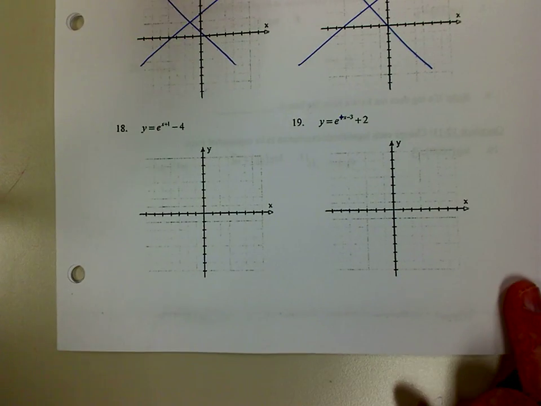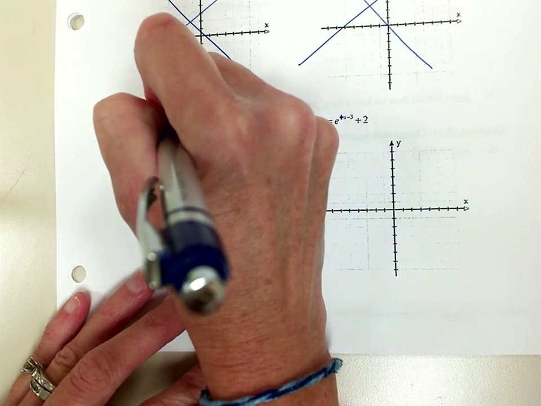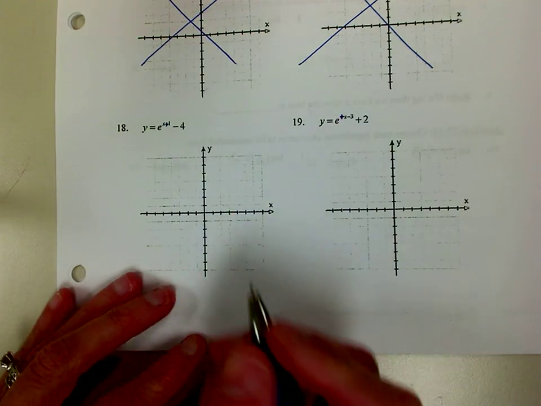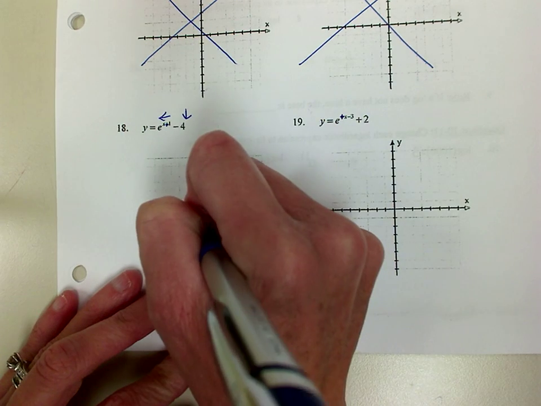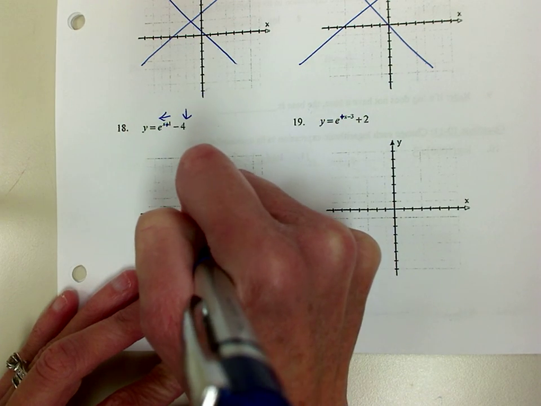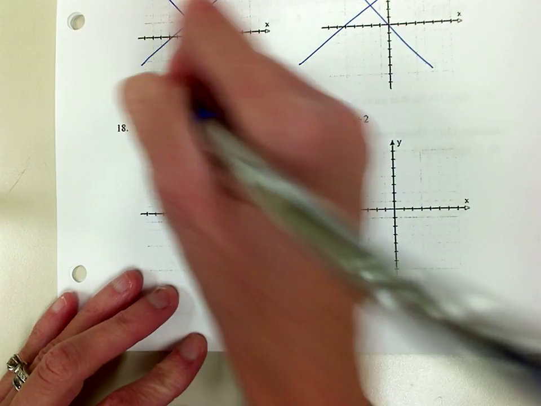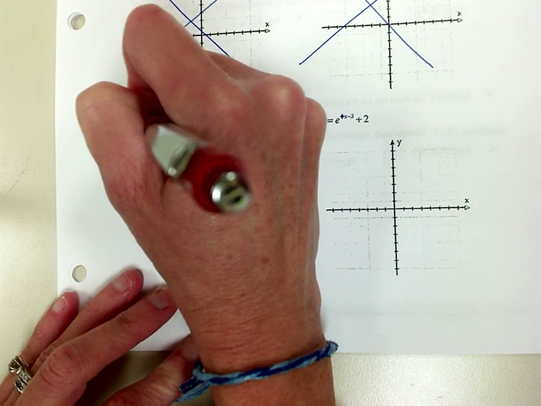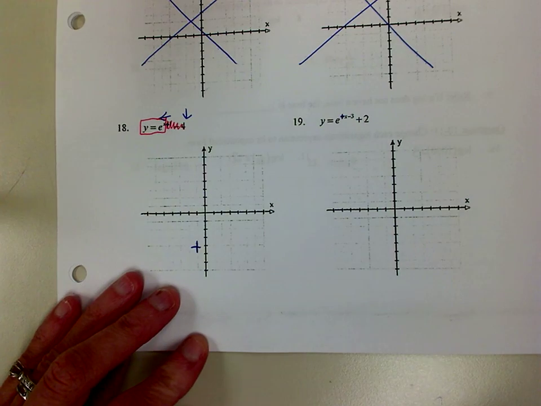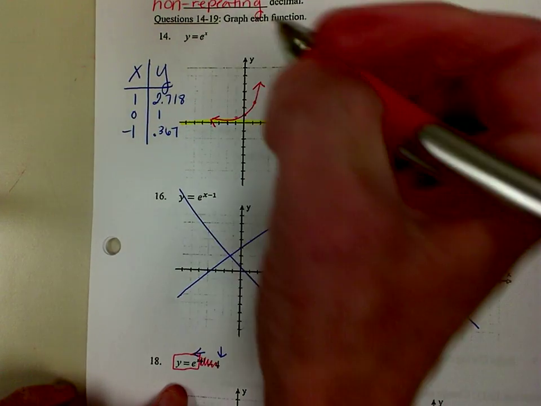Okay, 18. So it looks like on this one I have to move my origin first. So I'm going to go, that's a +1. So I'm going to do the opposite. I'm going to go to the left 1 and then down 4. Okay, right there is the new origin. Okay, and since e is the base, I don't need these numbers anymore. Since e is the base, I'm going to use the exact same table that I used back on 14.